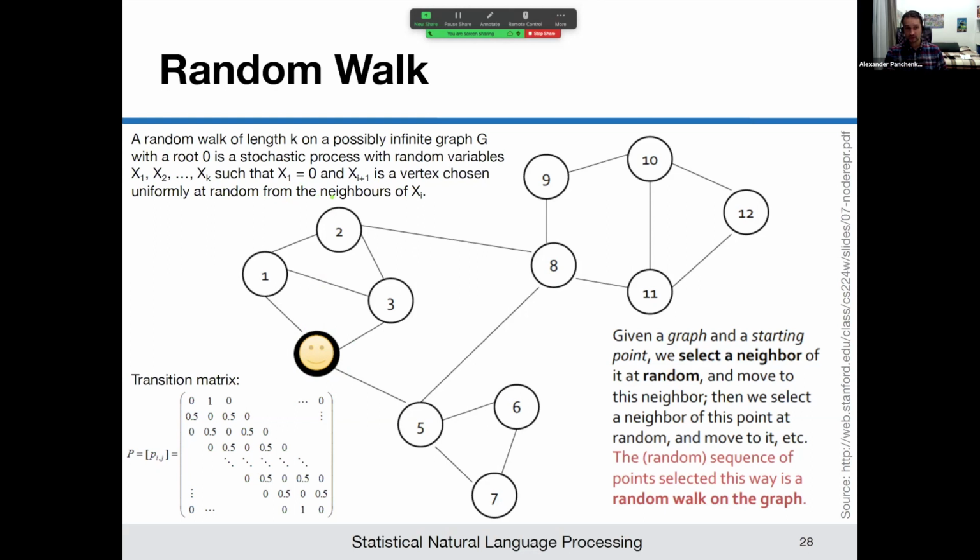The value of the other random variable is chosen at random on the basis of the neighborhood of a certain value, a certain random variable.